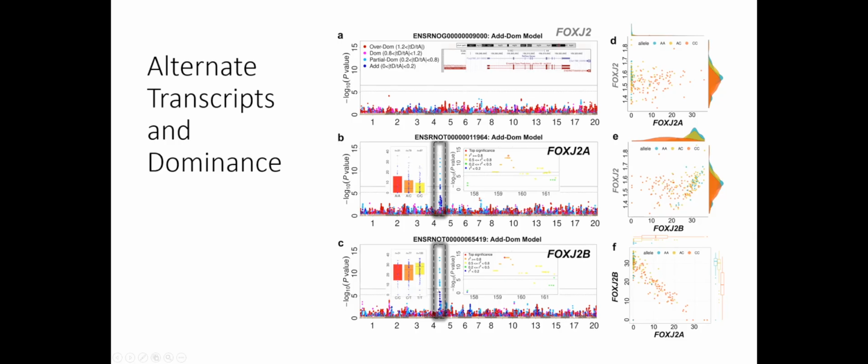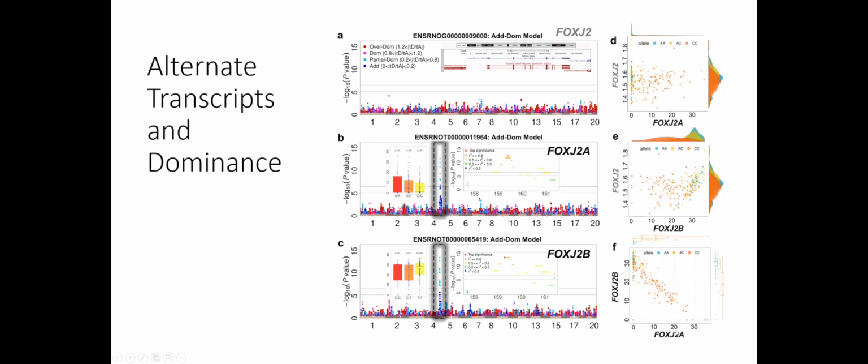which are basically complementary. And if we plot gene expression on the y-axis and FOXJ2B on the x-axis, and the same for J2A over here, what you can see is essentially a kind of dominance type effect of genotype on expression of these two things.